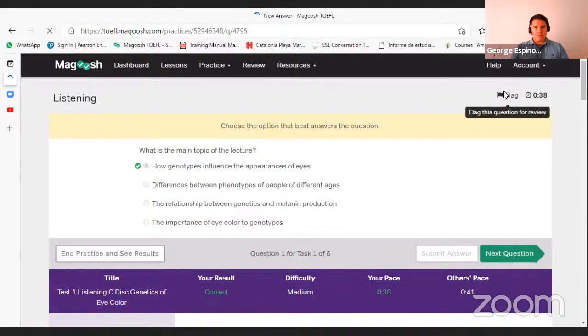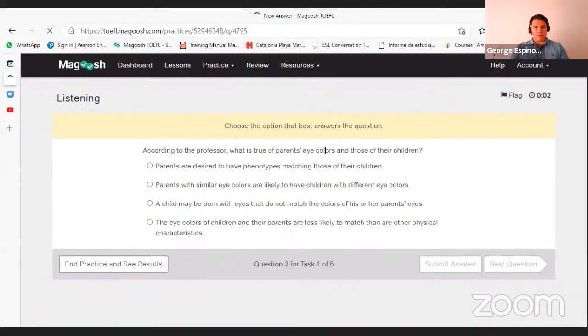So according to the professor, what is true of parents' eye colors and those of their children?